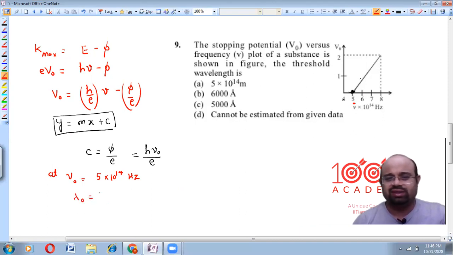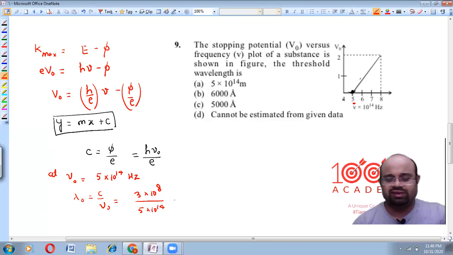Threshold wavelength, the wavelength corresponding to the threshold, will be c by nu naught. c is 3 into 10 raised to power 8 divided by 5 into 10 raised to power 14 hertz. This will be in meters.